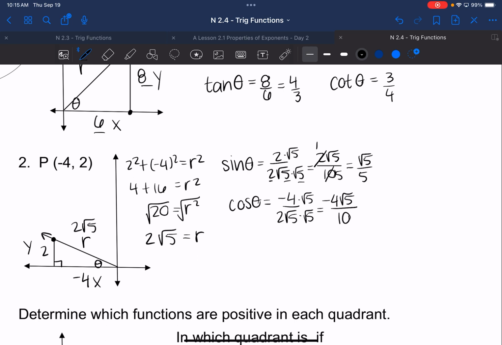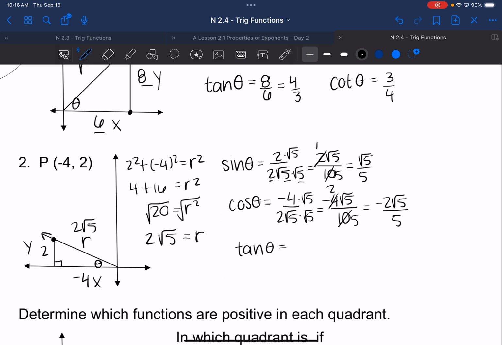Can I simplify that negative 4 and 10? Yeah, by what number? 2. So this is going to become a 2, and this is going to become a 5. So this would be negative 2 root 5 over 5. All right, and then we need tangent.